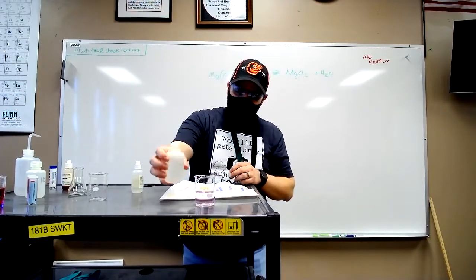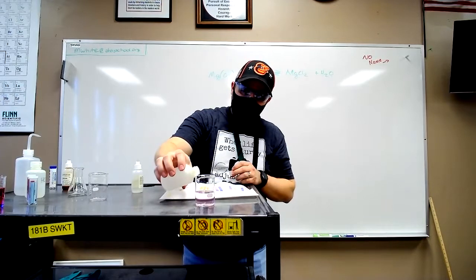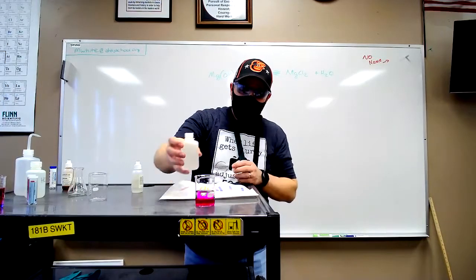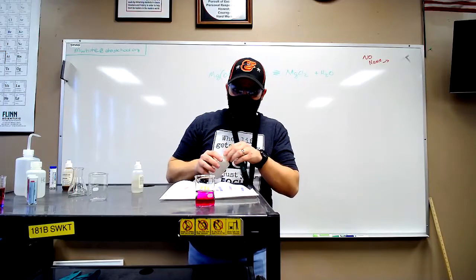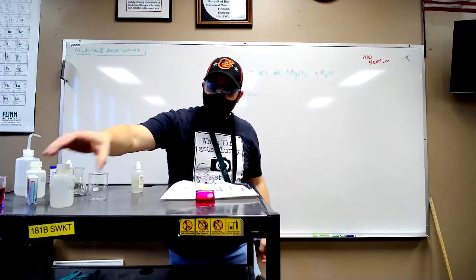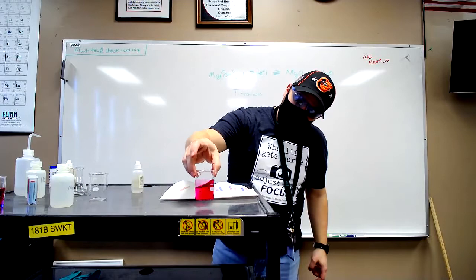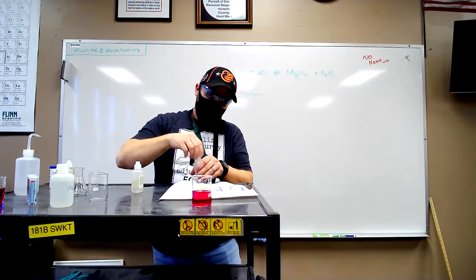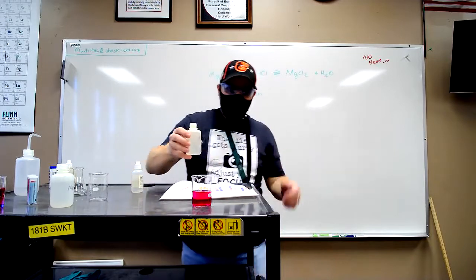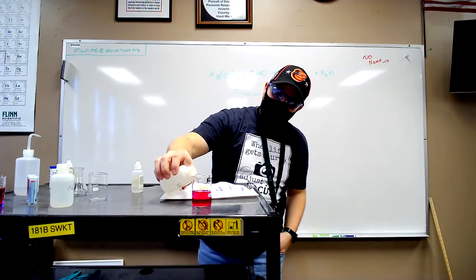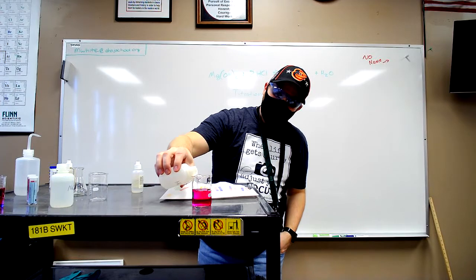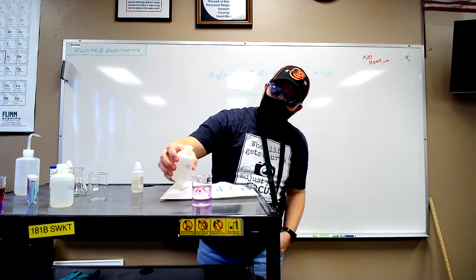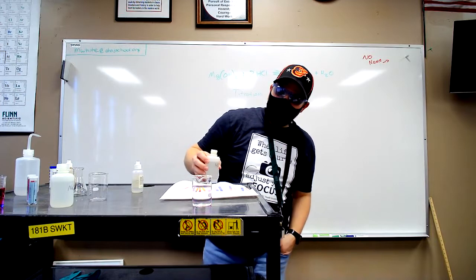But if we add some sodium hydroxide and really make it basic, it turns pink. Okay. But if we put it into the presence of an acid, sodium hydroxide is stronger than the hydrochloric acid that I've got, so that took a little bit to get rid of it.